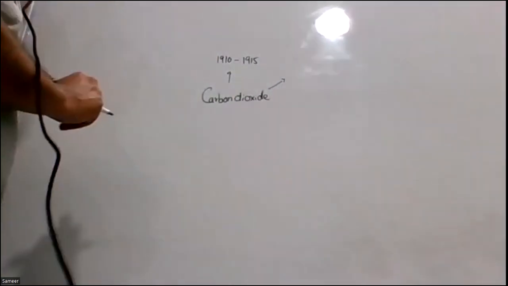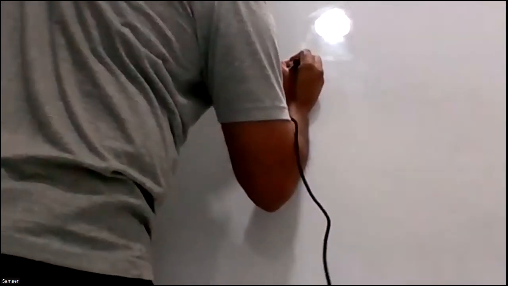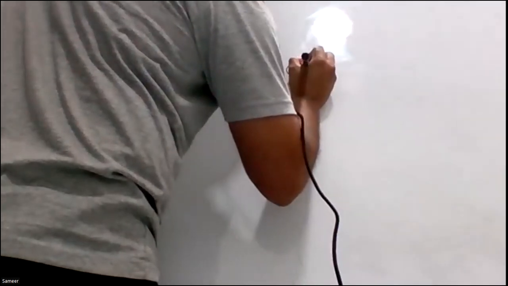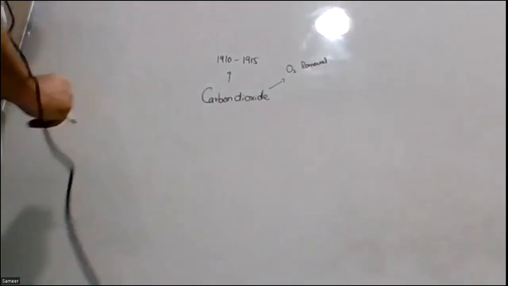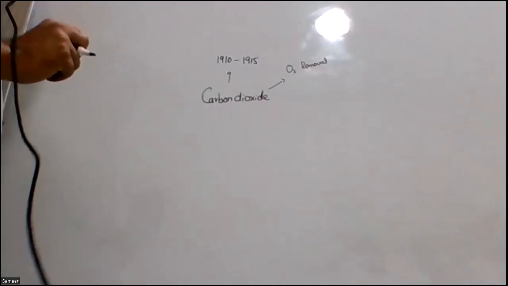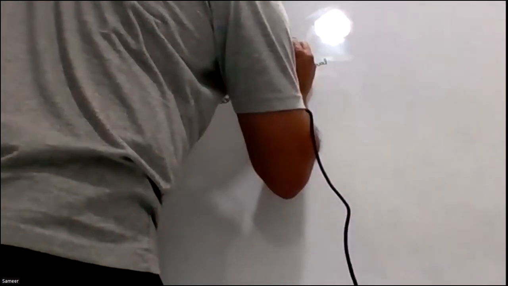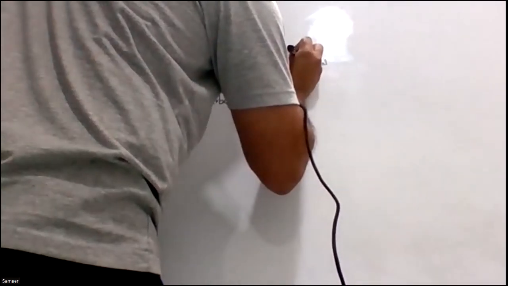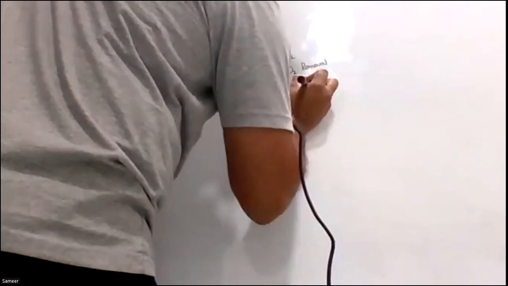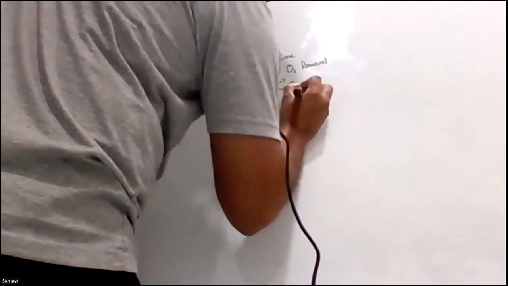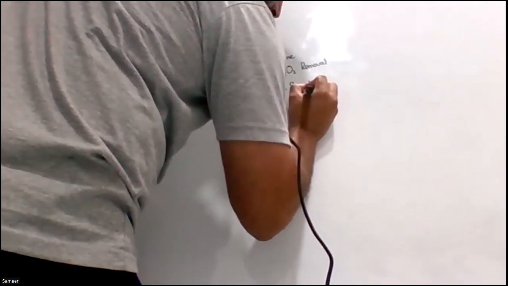The prime purpose of a carbon dioxide system is oxygen removal. This is the prime purpose, the prime extinguishment. The secondary purpose of carbon dioxide is the cooling effect, or it absorbs heat.